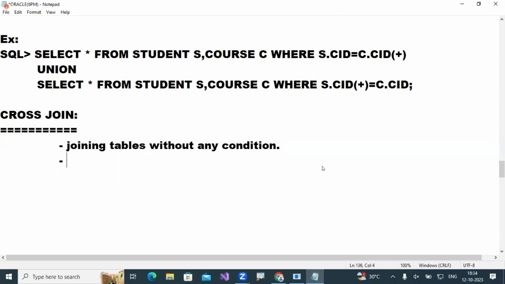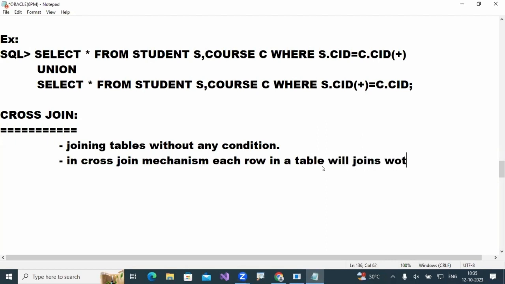Next point: in the cross join mechanism, each row in a table will join with each row of another table.